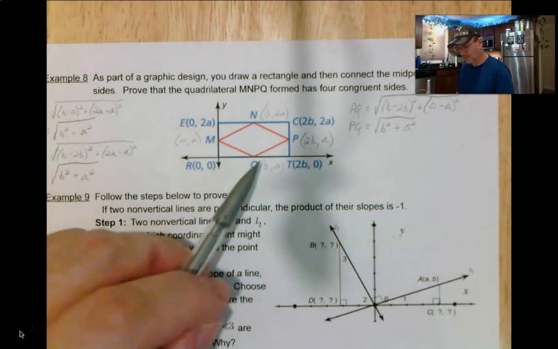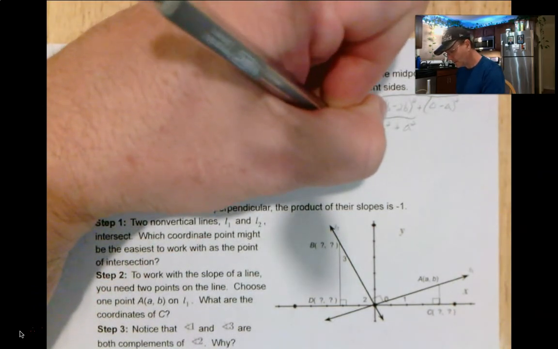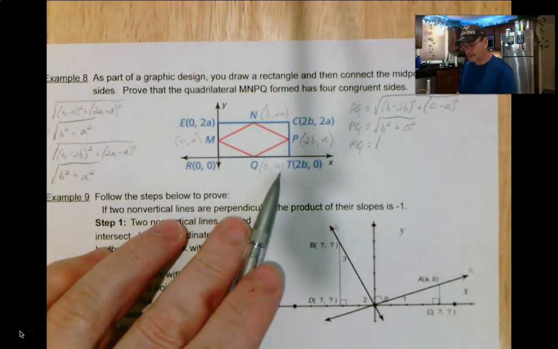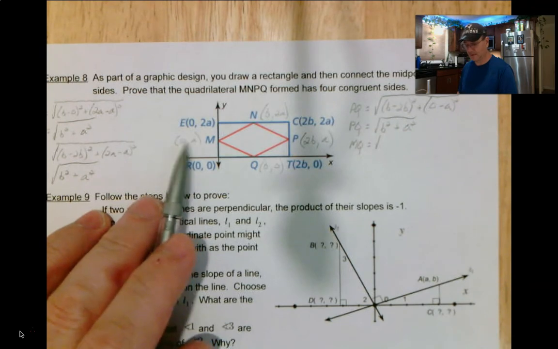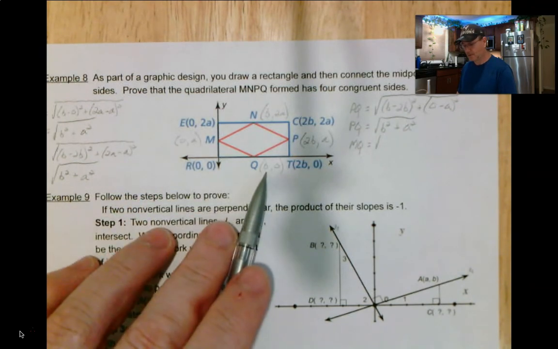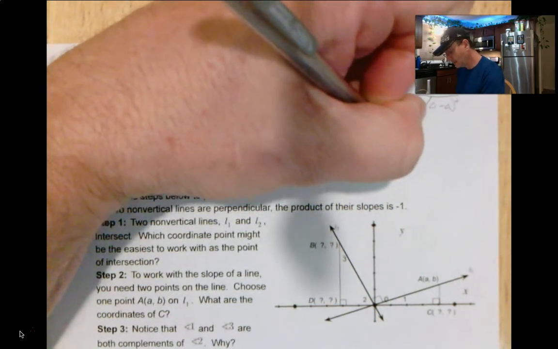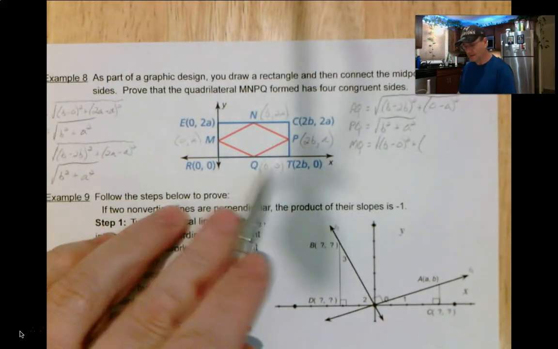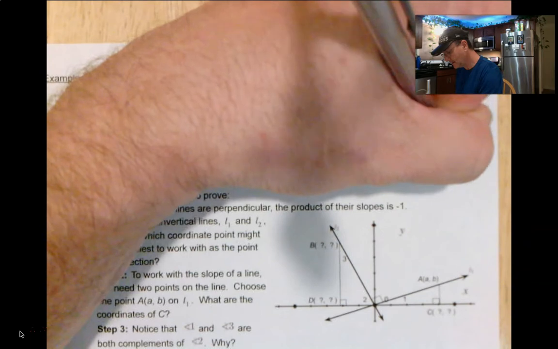Last one, MQ. We made this the x2 and the y2. Let's make this, which actually goes back to the original x1, y1. Okay, so b minus 0 squared plus 0 minus a squared.